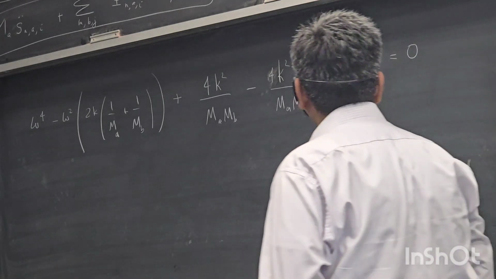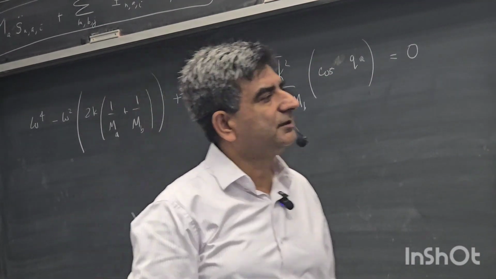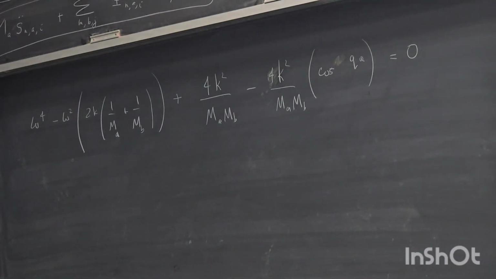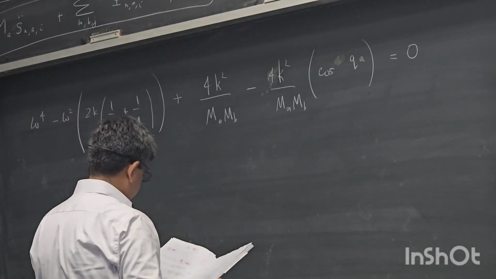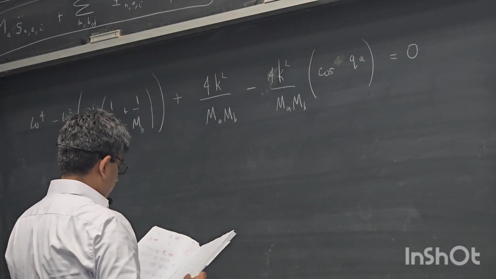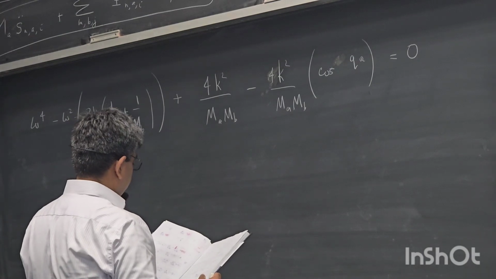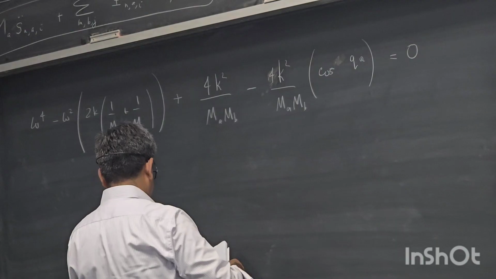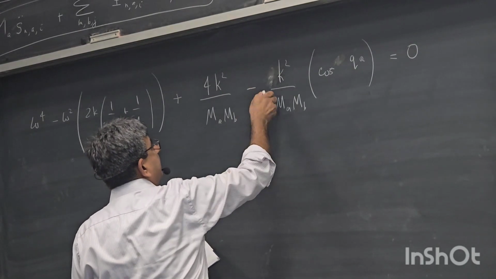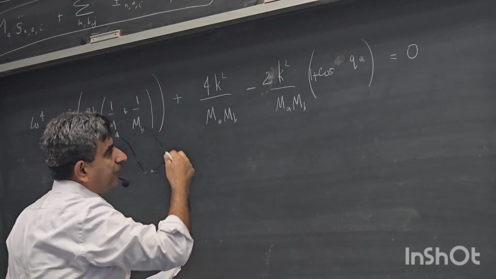One plus cosine QA, I multiplied that, plus 4k square, and this is 1 plus cosine QA. This is cosine square QA over 2.